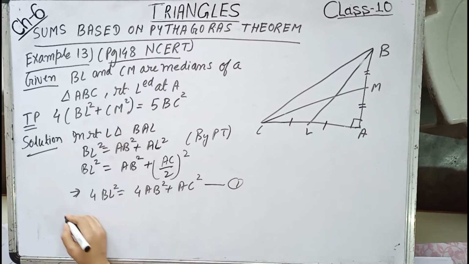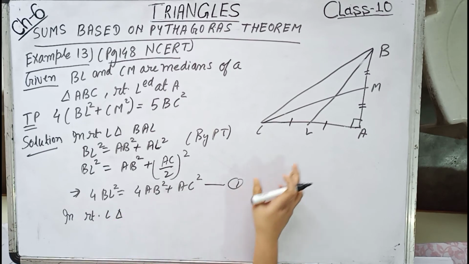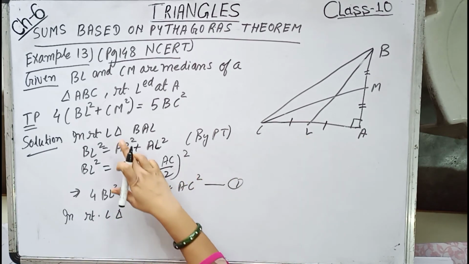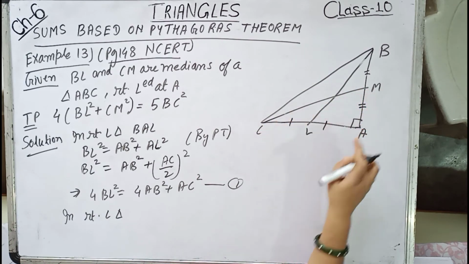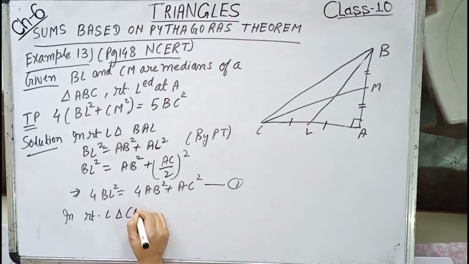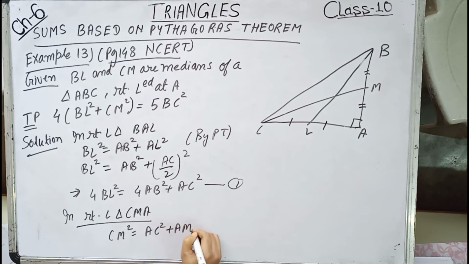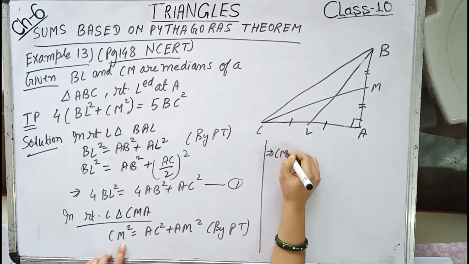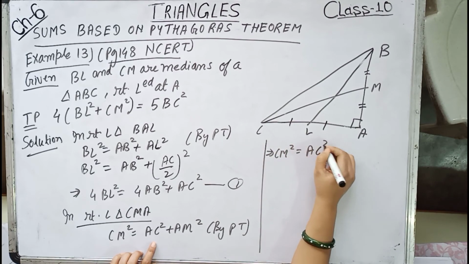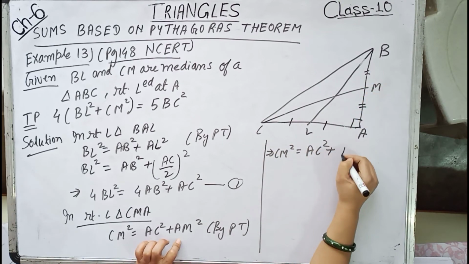Now next is CM. CM is forming a part of the right angle triangle CMA. So in right angle triangle CMA, CM square equals AC square plus AM square by Pythagoras theorem. This implies CM square equals AC square plus AB by 2 whole square, since AM is AB by 2.